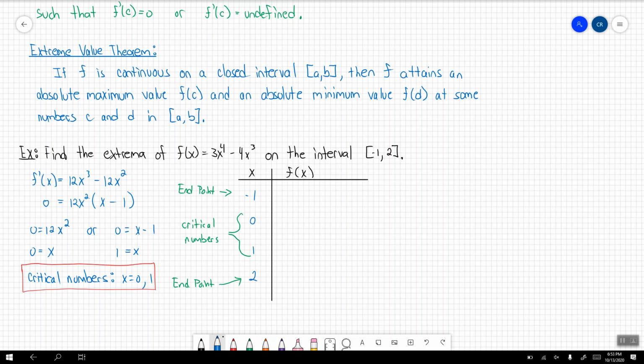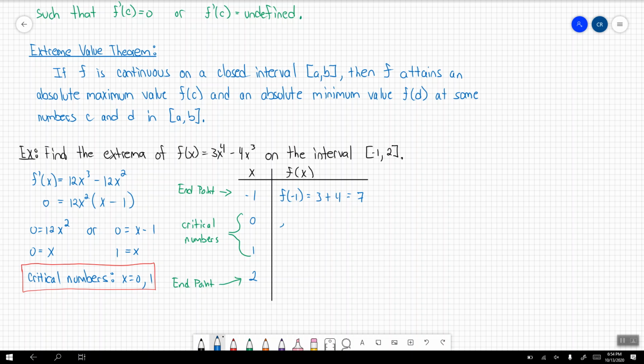Okay, so we're going to substitute -1 into the function. So that's going to be f of -1. So 3 times -1 squared, that's going to be 3, minus 4 times -1 to the power of 3, that's still going to be a negative, so negative times a negative is positive, and this is now going to be positive 4, which means 4 plus 3 is 7.